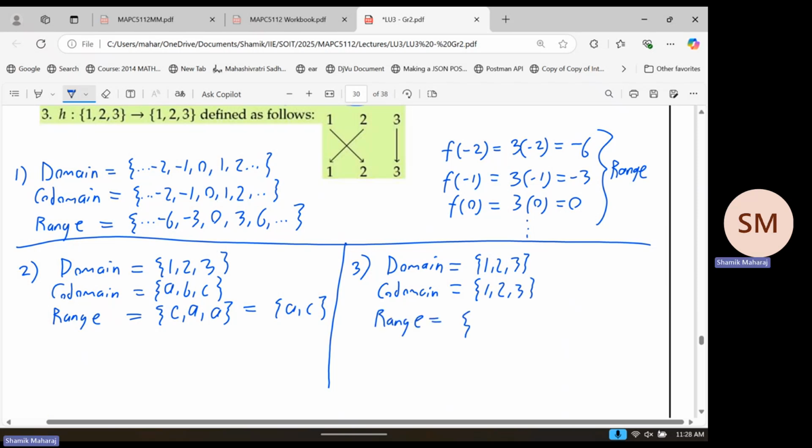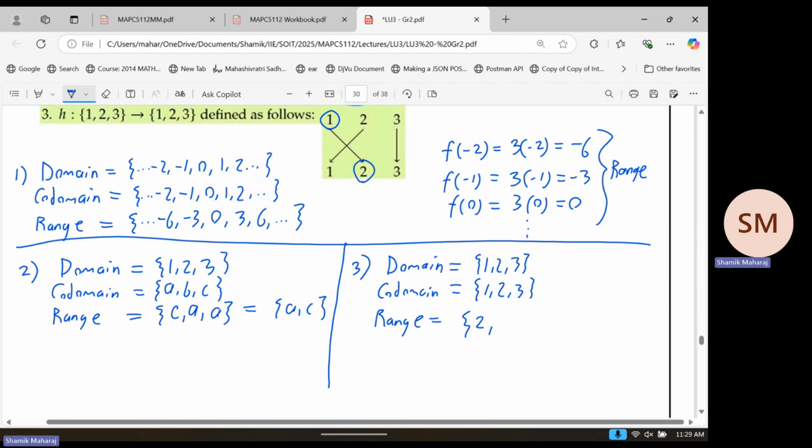Now the range here is given in a strange way. They give us the functional outputs in terms of a diagram. So what they're telling us here in this picture, I'll just write as I'm doing it, is that the input 1 gets filtered and gives us the output 2. That's what they're telling us. So the first output here is 2. That's the first element of the range. Right?